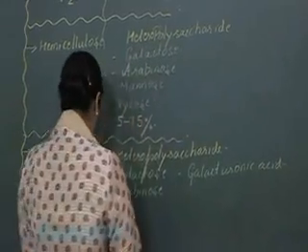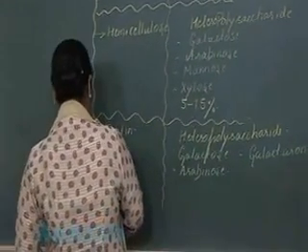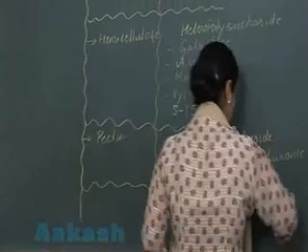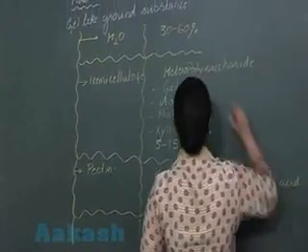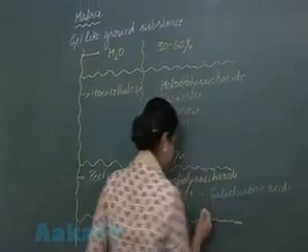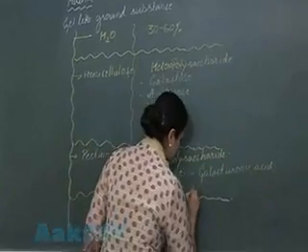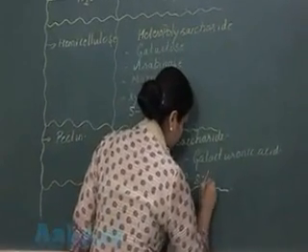Now coming to the next component, but before writing the next component, I will be writing the percentage of the pectin in the matrix. The percentage is 2 to 8%.